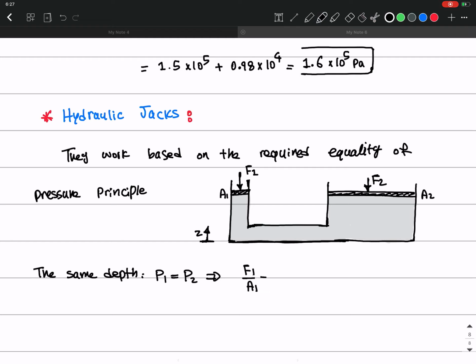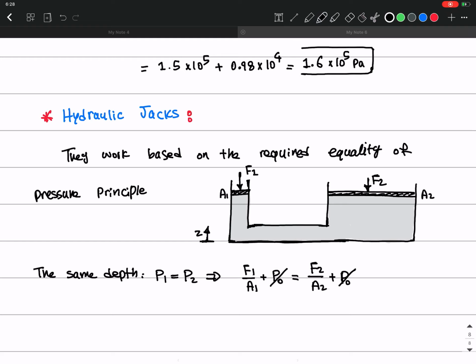And then you can add the atmospheric pressure if you want, but you can also neglect it, equals the pressure at 2, which is the force acting on it, F2, over A2 plus P0, again the atmospheric pressure. These two are going to cancel out, which is why we typically don't write it, because they act on all the objects.